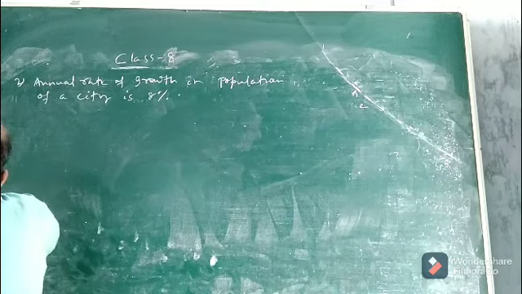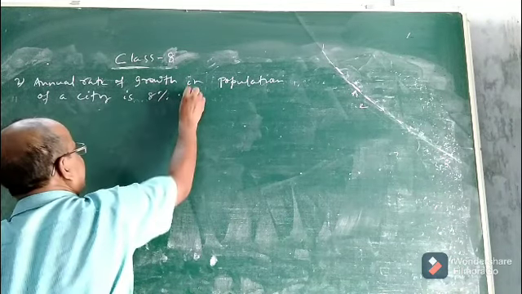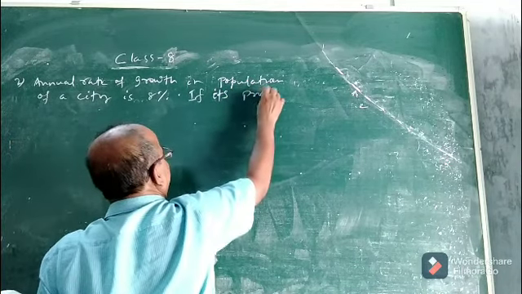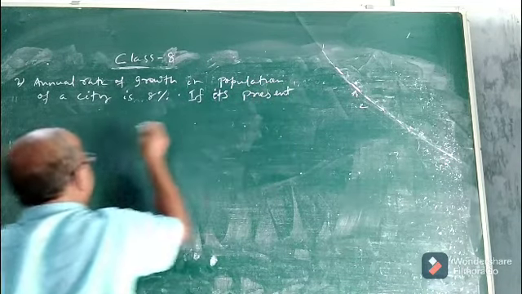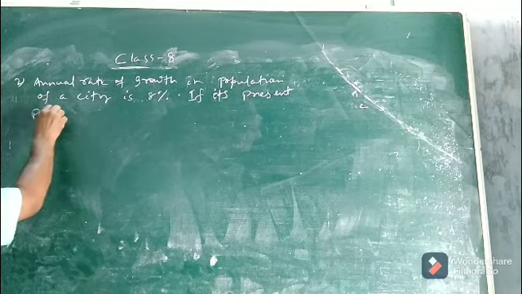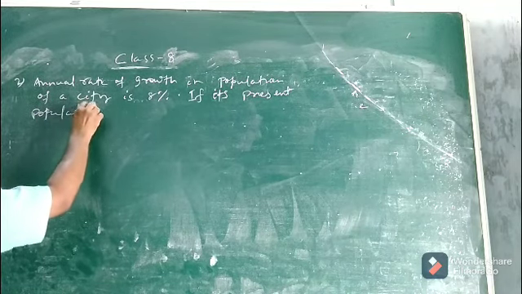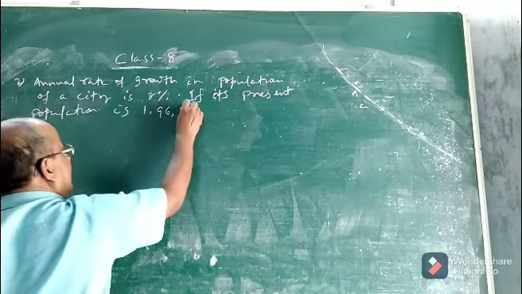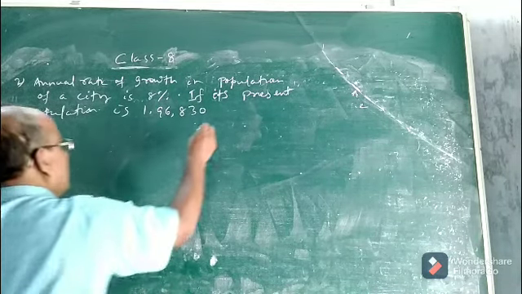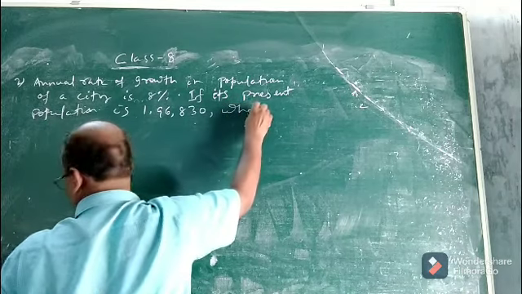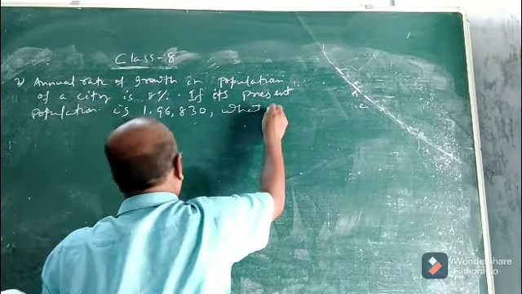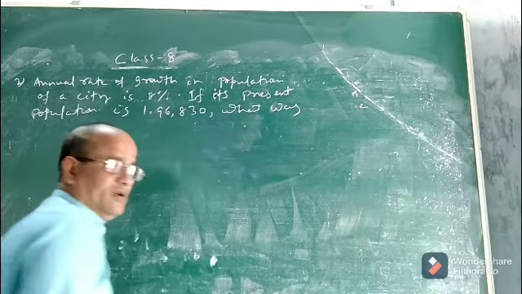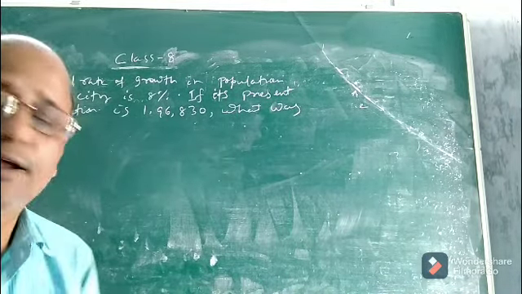Now, if its present population is 1,96,830, what was the population 3 years ago?